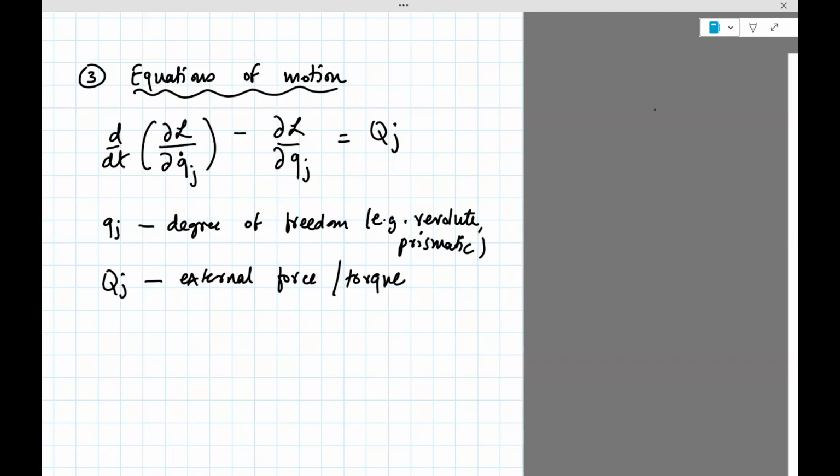If q is prismatic, then uppercase Qj would be a force. If lowercase qj is a revolute joint, then uppercase Qj will be a torque or moment.